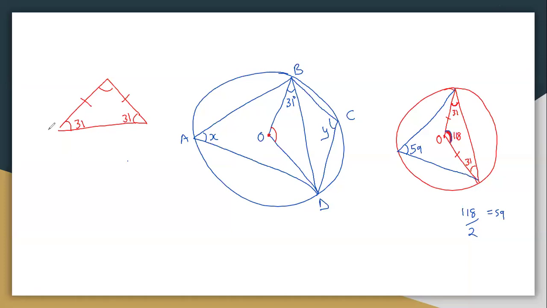Then after, we have looked at the quadrilaterals. So you know that this one has been joined here, and this one has been joined here. So here you have y.